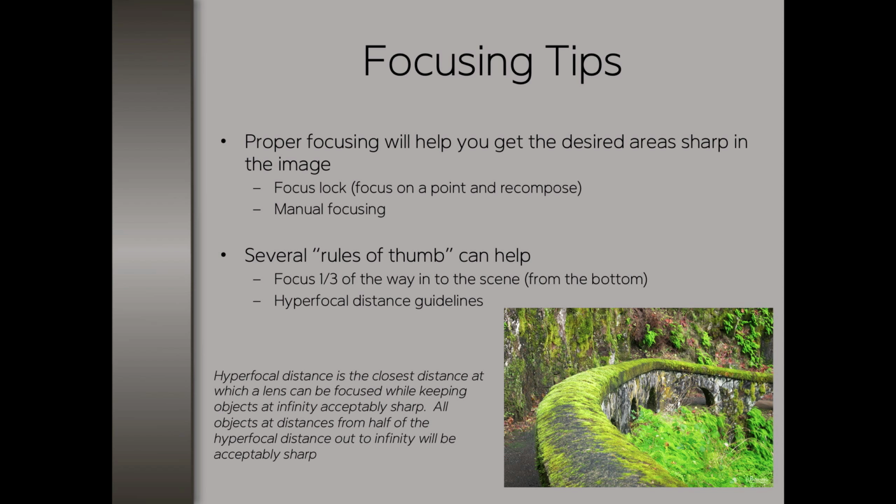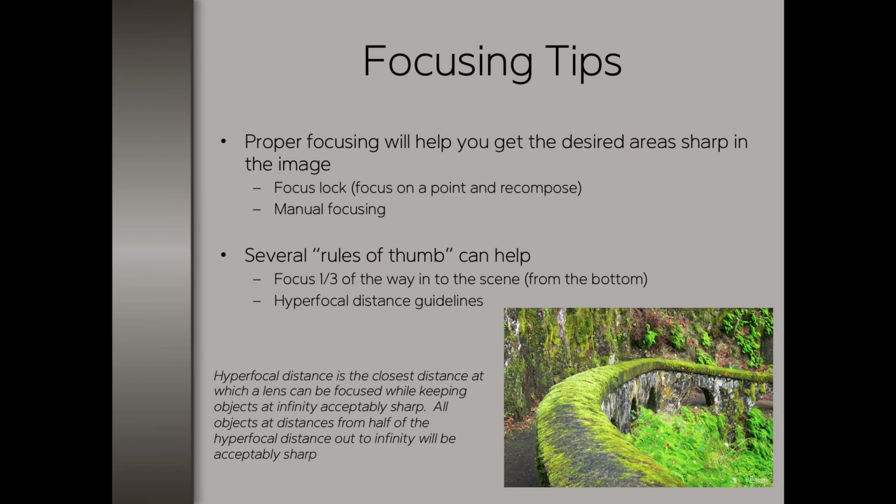So this last sentence means that everything from 3 feet out to infinity will be acceptably sharp. So if my hyperfocal distance is 6 feet, half of that is 3 feet.